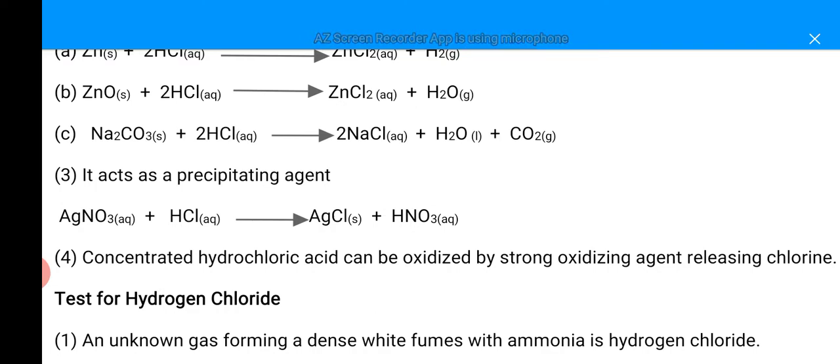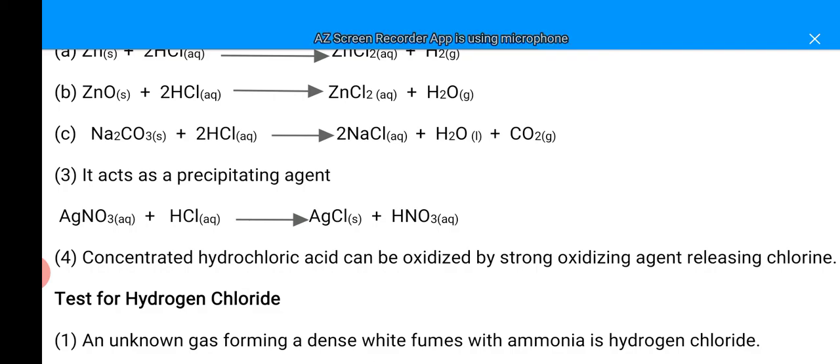When hydrochloric acid is added to silver trioxonitrate 5 or lead 2 trioxonitrate 5 solution, a white precipitate of silver or lead 2 chloride is formed. This equation here is only showing the silver nitrate and HCl. We can also have it for lead nitrate and HCl. For the reaction of lead nitrate and HCl, we are going to have lead 2 chloride being formed, and you are going to have HNO3 being released as well.